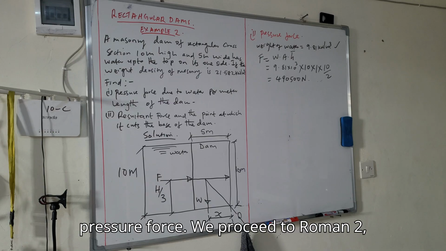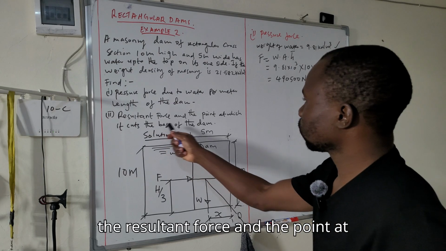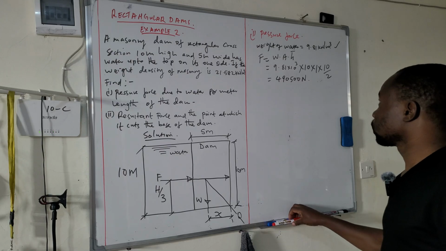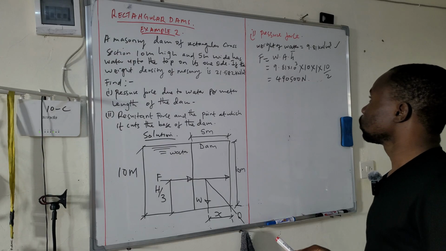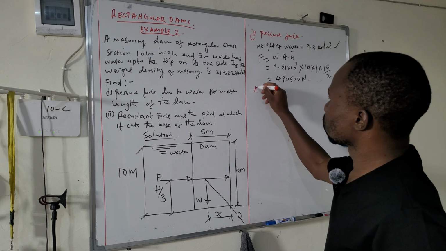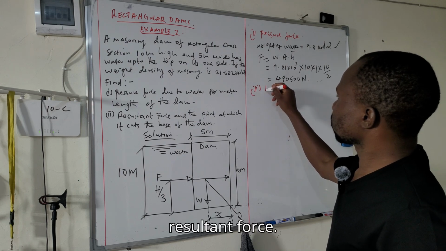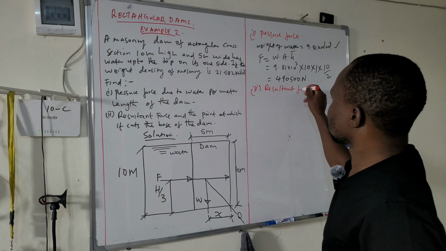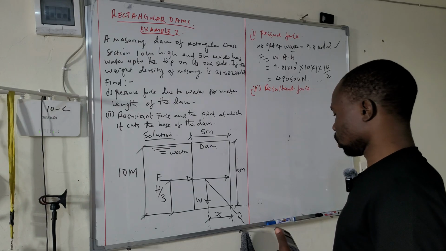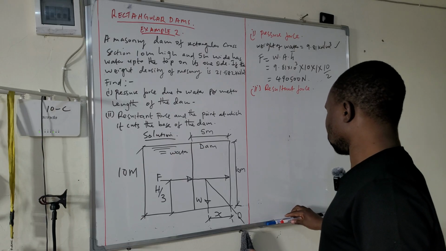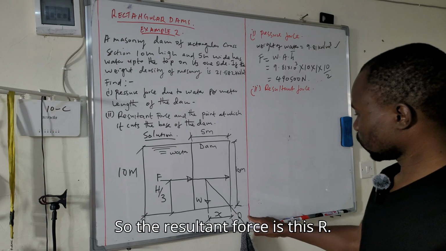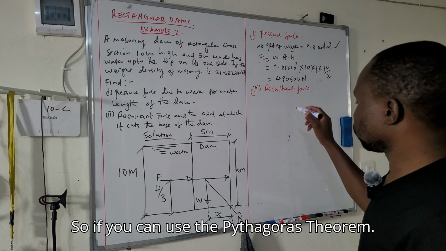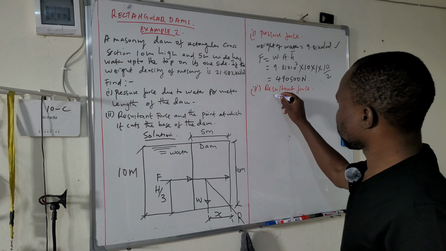We proceed to Roman 2, the resultant force and the point at which it cuts the base of the dam. So the resultant force is this R. So you can use the Pythagoras theorem.